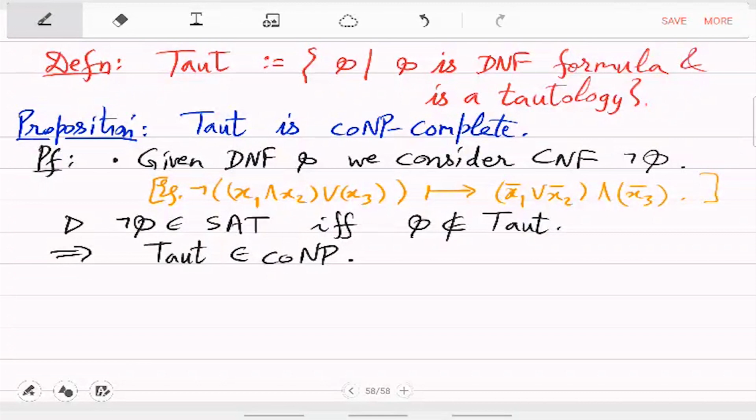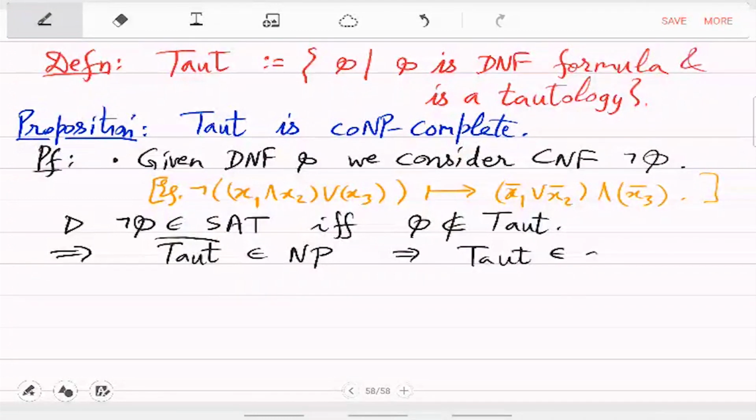In fact, let me do this step by step. We have shown that the no strings of tautology have verifiers, which means that we have shown the complement of tautology is in NP, which means that tautology is in co-NP.